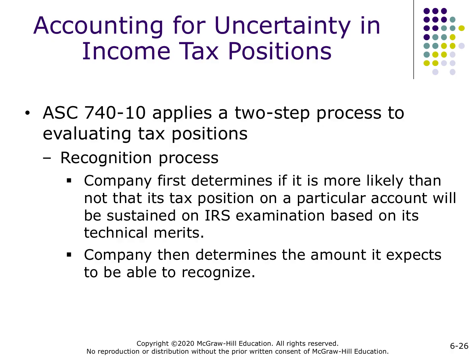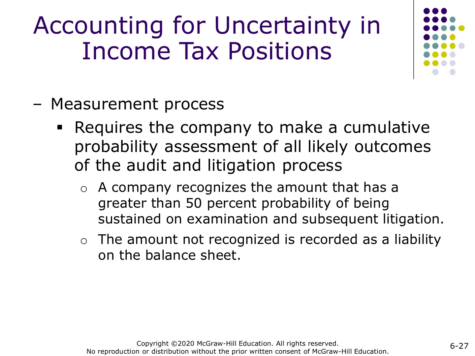All right, so there have been a lot of slides on the theory of this valuation allowance. Now we get down to the evaluation of tax positions. First you have to recognize. We have to determine whether it's more likely than not that its tax position on a particular account will be sustained, and then we determine the amount that it expects to be able to recognize. So that's step one. Then we have to measure.